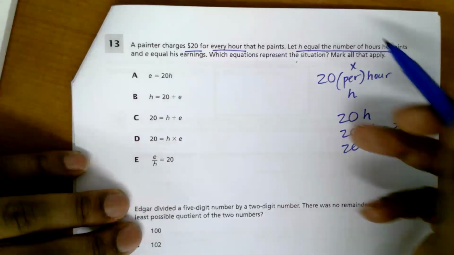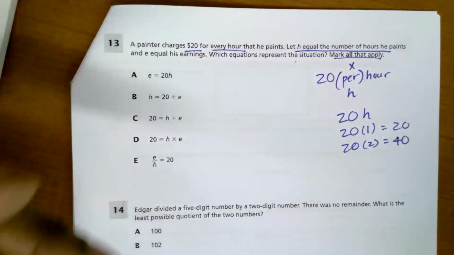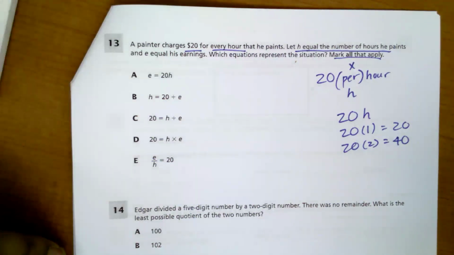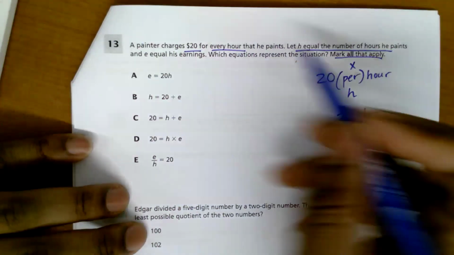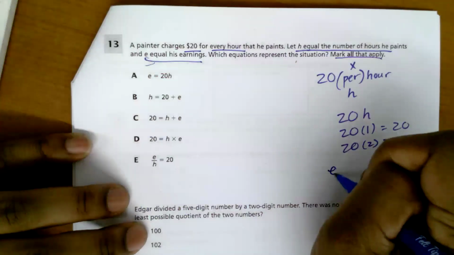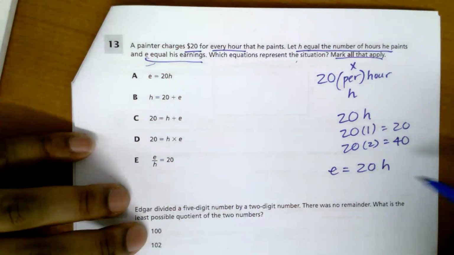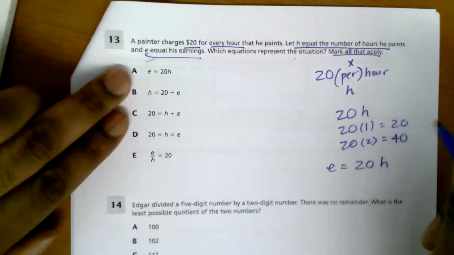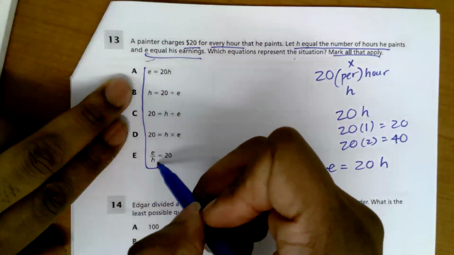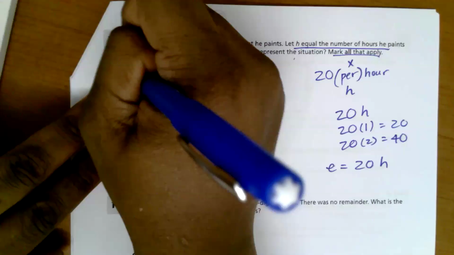So you're looking for something, mark all that apply. Now you've got to ask yourself, is there another way to determine it? E, the total, equals 20 times H. If I want to isolate the variable, or isolate a side, the only option I have where it's isolated is E equals 20H.